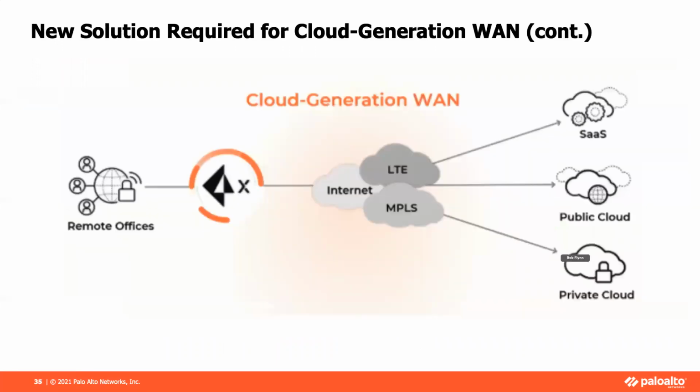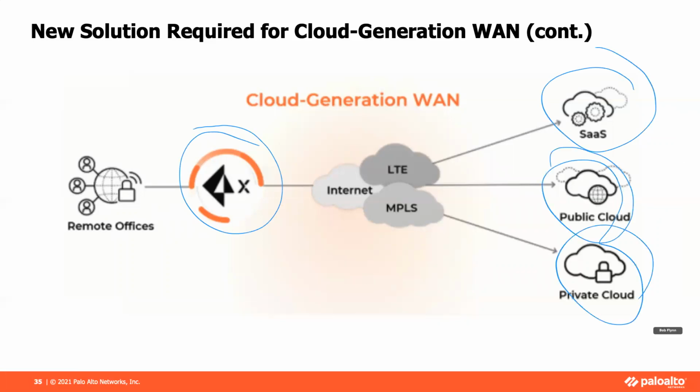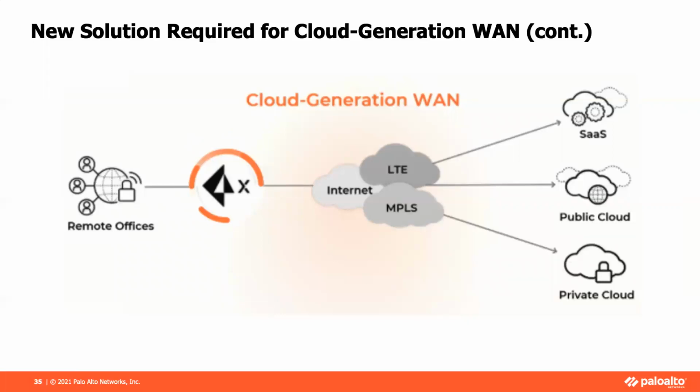And now the idea is we can have what we call our ION devices to direct traffic back to the branch office when it needs to, but directly out to the SaaS applications or the internet or whatever they need to go to, without having to backhaul all the way back to a main data center.